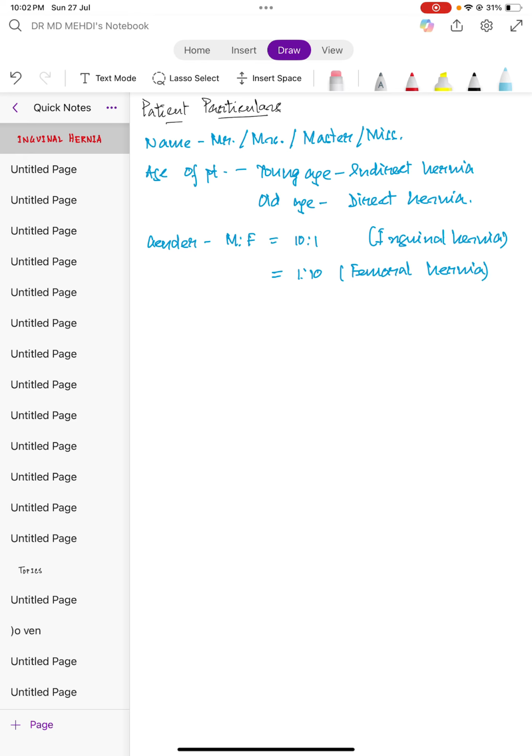So gender is important. After that, we have to know the occupation of the individual. Why is occupation important? Occupation is important because in many occupations there will be an increase in the intra-abdominal pressure.